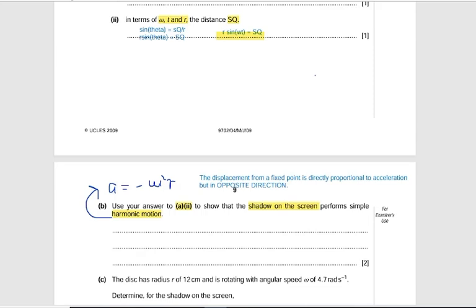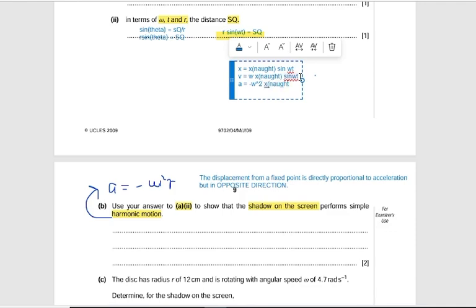There are three main equations for simple harmonic motion which will help you understand this question as well, which is x is equal to x naught sine omega t, v is equal to omega x naught cos omega t, and we have a is equal to minus omega square x naught sine omega t.